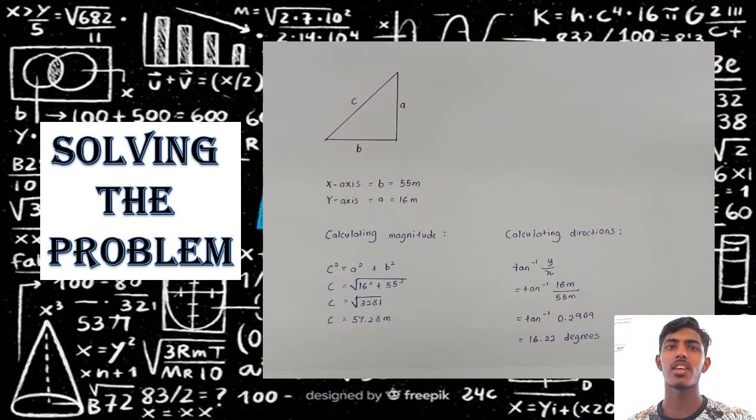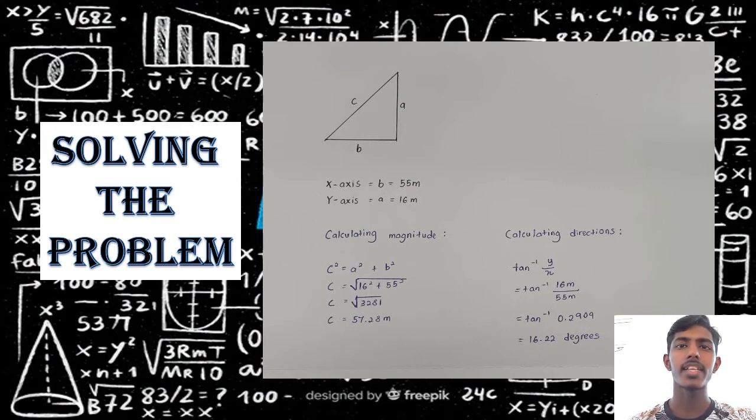We see a triangle ABC. This triangle is taken from the rugby field. To find the magnitude and direction, firstly, x-axis equals b equals 55 meter, y-axis equals a equals 16 meter.